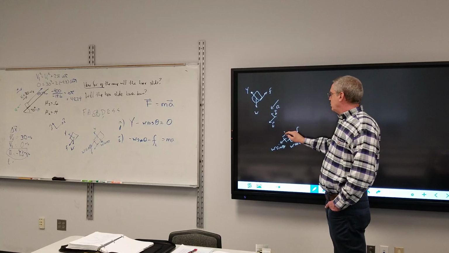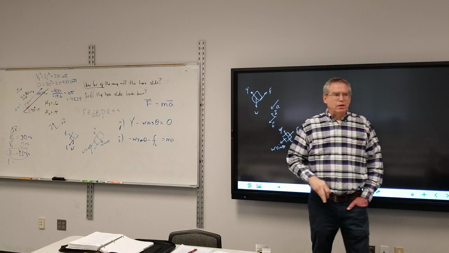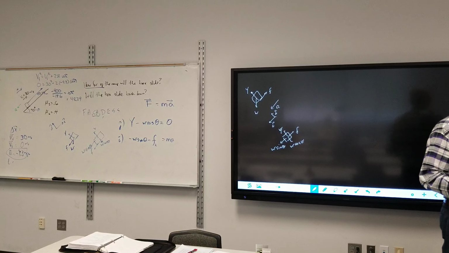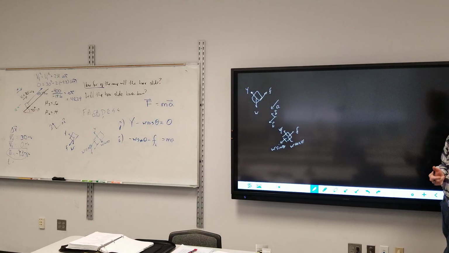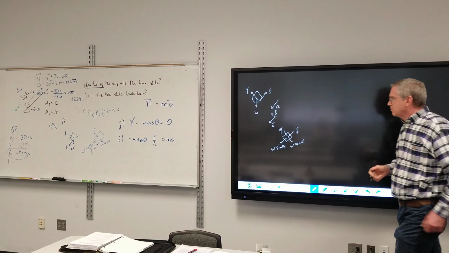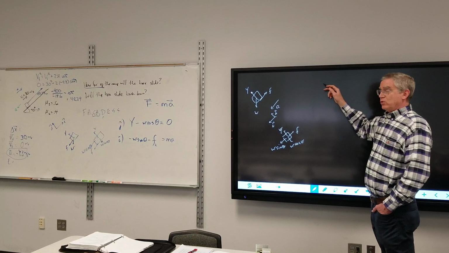Friction up the ramp and normal force perpendicular to it. Since we're trying to figure out whether this thing is going to be sliding down the ramp, what we're checking here is, does it overcome the static friction? So our equations of motion, we'll have 2.